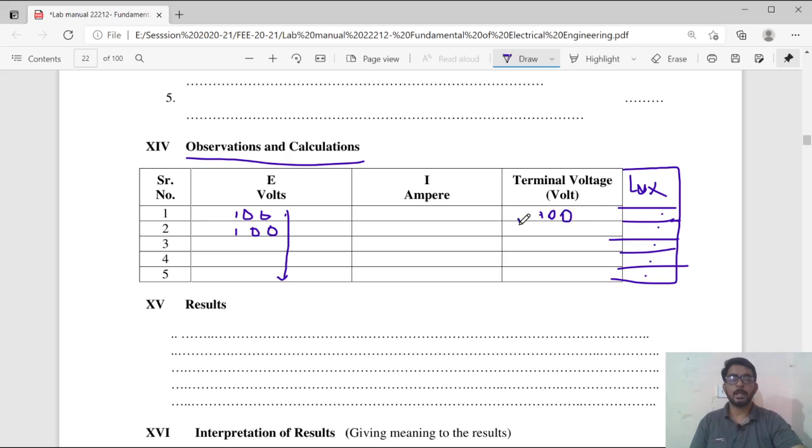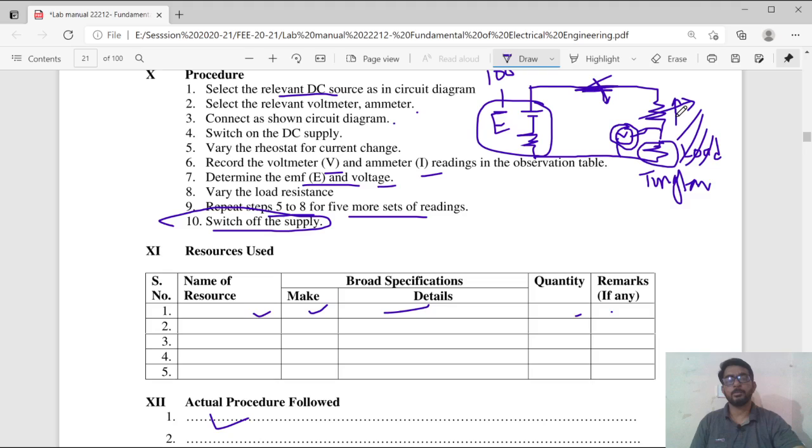Then as load increases, you will find a decrement: suppose 95, then 94, like this. So whenever load increases, whenever we vary this rheostat, you will find the terminal voltage drops.